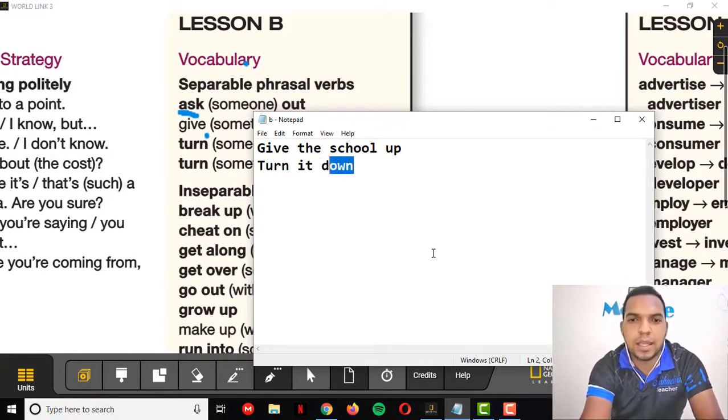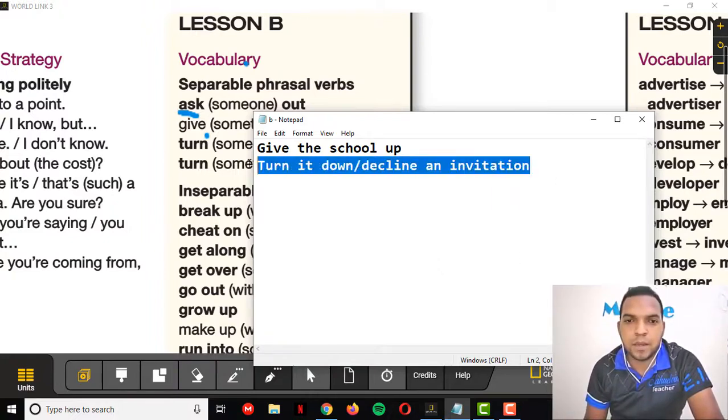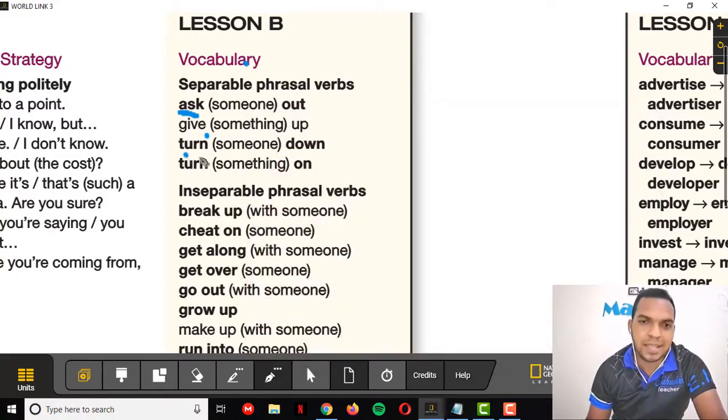The meaning is similar to cancel or decline. It's a synonym of decline, decline an invitation. It depends on what you say, but in this case it's the same meaning, like decline something.